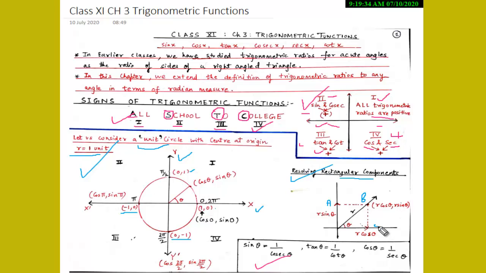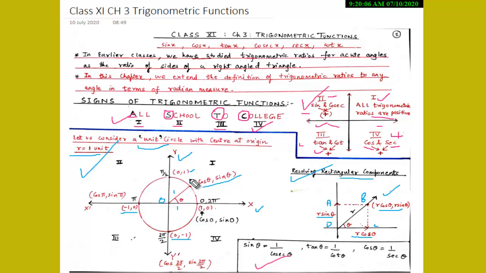On the x-axis, the x component is R cos theta, and on the y-axis, the y component is R sin theta. So students, the coordinate of B is R cos theta, R sin theta. Similarly, here we have considered a unit circle where R is equal to 1 unit. Let us say a circle with center O, and the distance to the point A is 1 unit. So the coordinate of A is cos theta, sin theta.